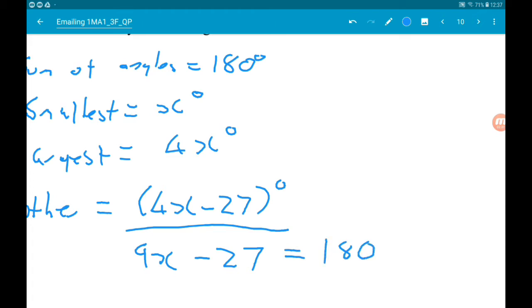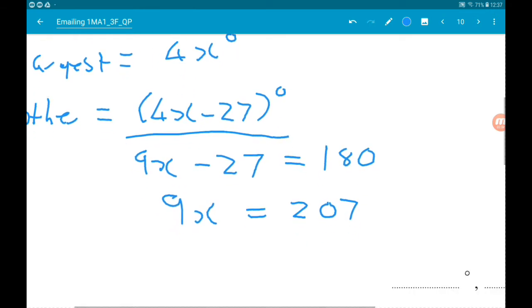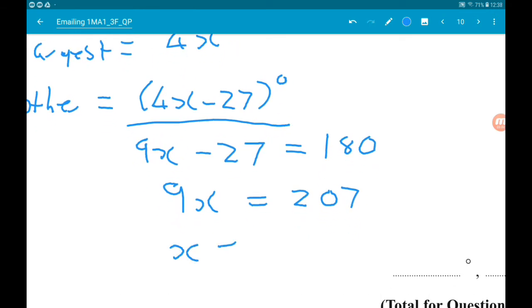So now we have an equation in terms of x that we can solve. So add 27 to both sides. That means 9x is 207. So if we divide by 9, 207 divided by 9 is 23. So the smallest angle is 23 degrees.